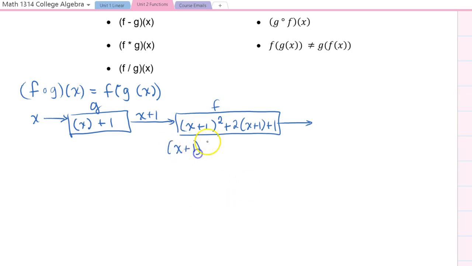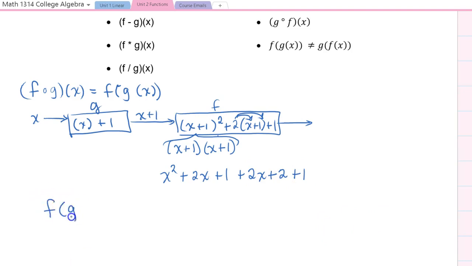That means we need to multiply x plus 1 times x plus 1, either using FOIL or your favorite method of multiplying binomials. We also need to distribute the 2, and in doing so we will get x squared plus 2x plus 1 plus 2x plus 2 plus 1, and then we add like terms. Therefore, we find that f of g of x is x squared plus 4x plus 4.